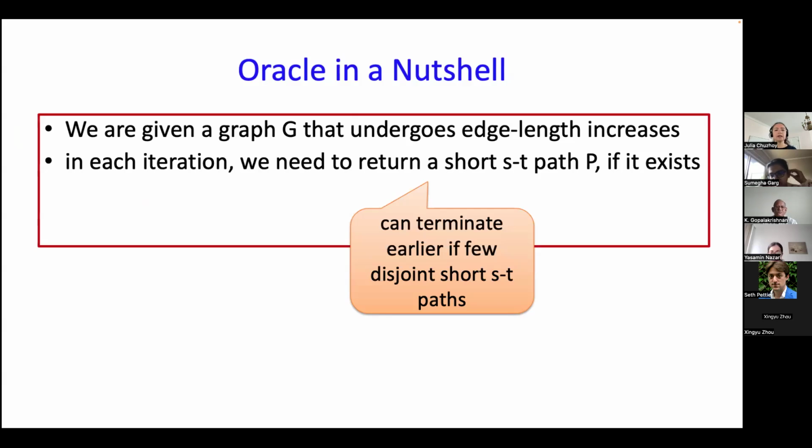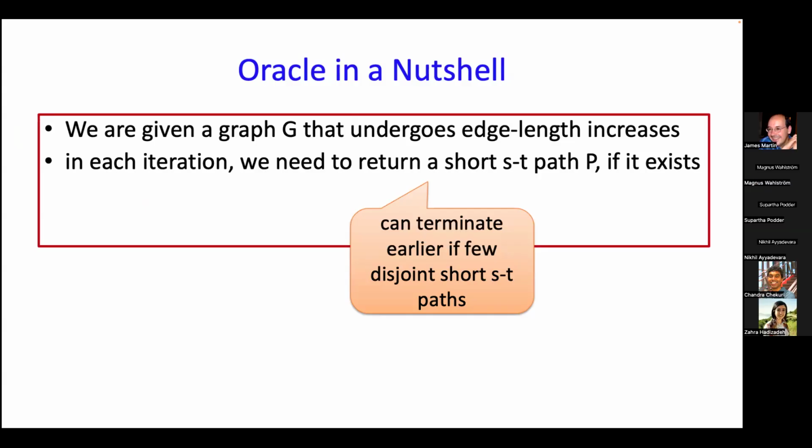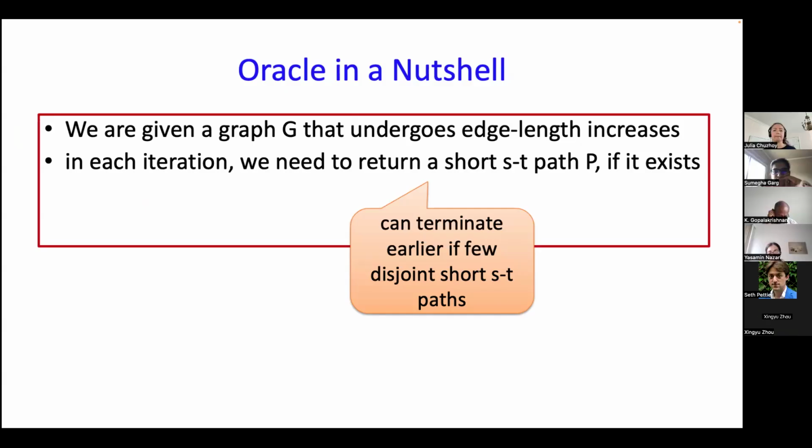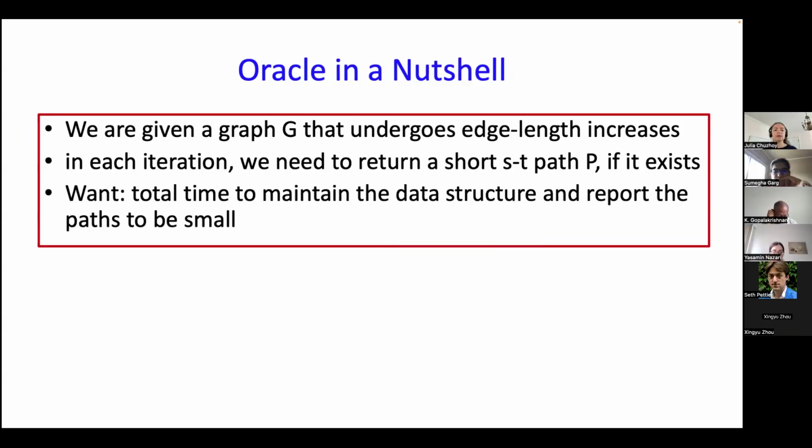We're allowed to stop the algorithm early if we somehow figure out that the largest number of disjoint ST paths that are short that remains in the graph becomes small. And we want the total running time of this oracle to be short. The running time includes both the time to maintain the data structure and the time to respond to all the queries or to report all the paths.